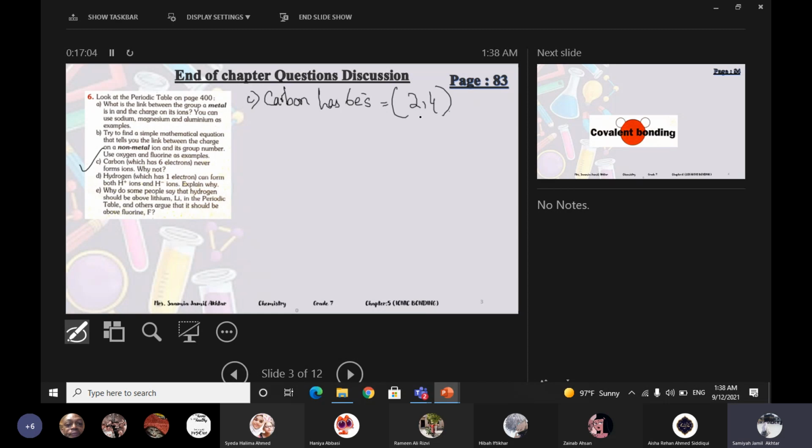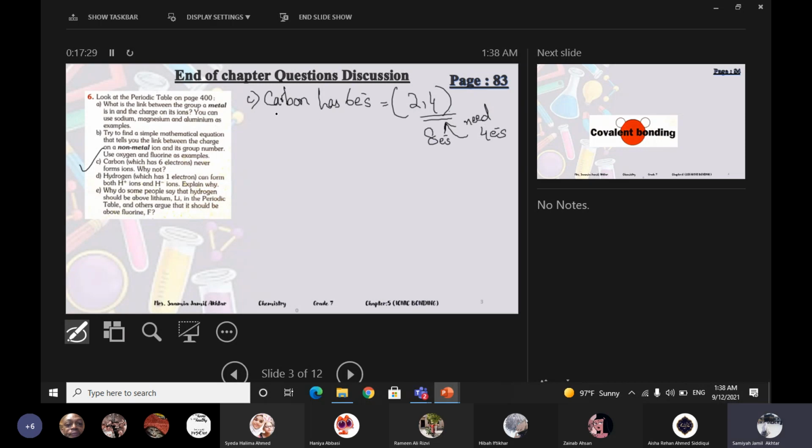How many maximum electrons can come in the second shell? 8. Yes, total 8 electrons can come. So carbon needs 4 electrons to get completed.